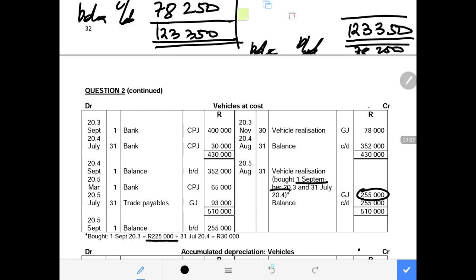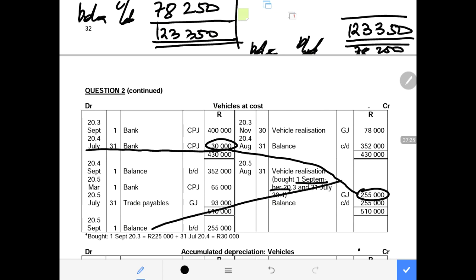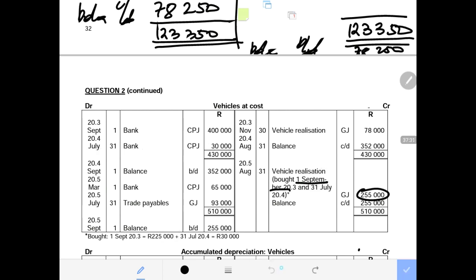So that is also very important to be highlighted. And we can see that the one that was bought on the 31st of July is costing 30,000 rands. So you can say 255,000 rands minus 30,000 rands. That means the other vehicle that is included there would have cost the company 225,000 rands. So this was a little bit tricky.